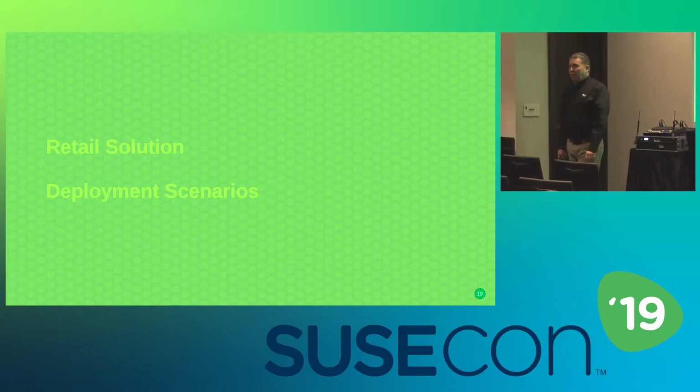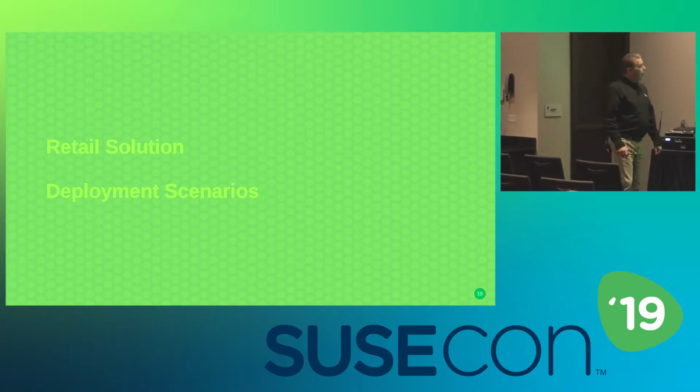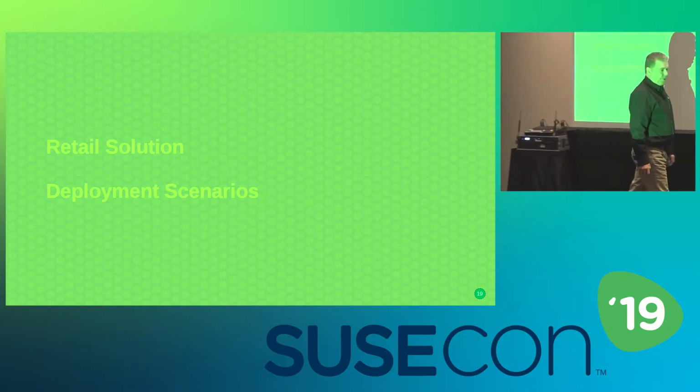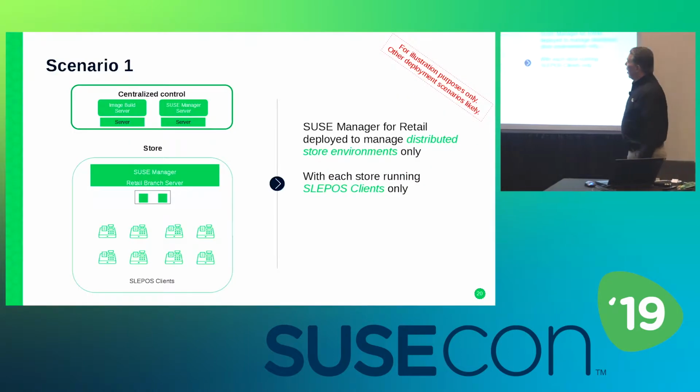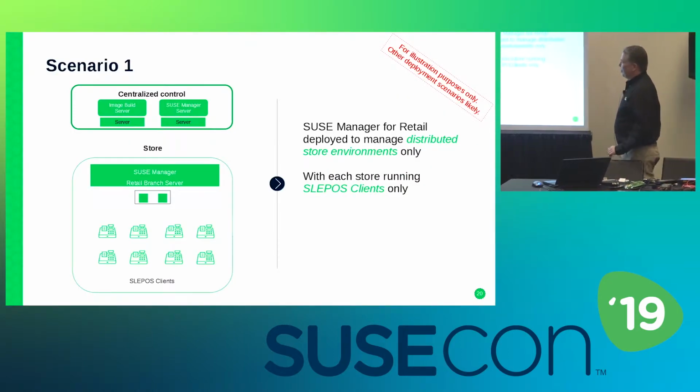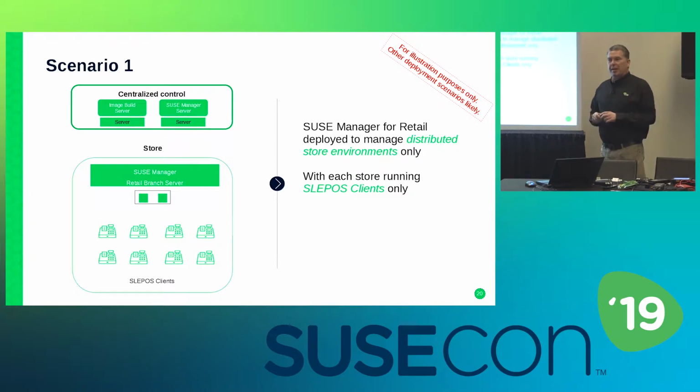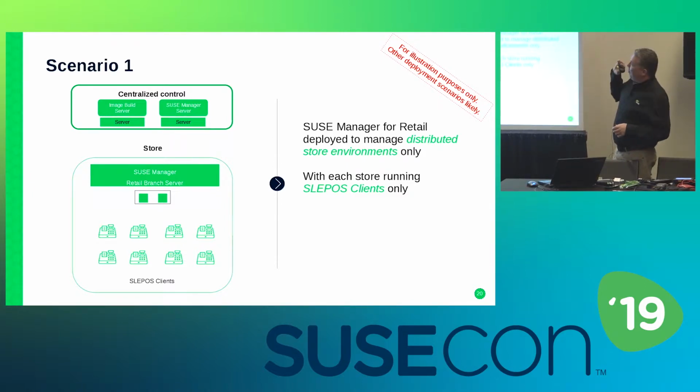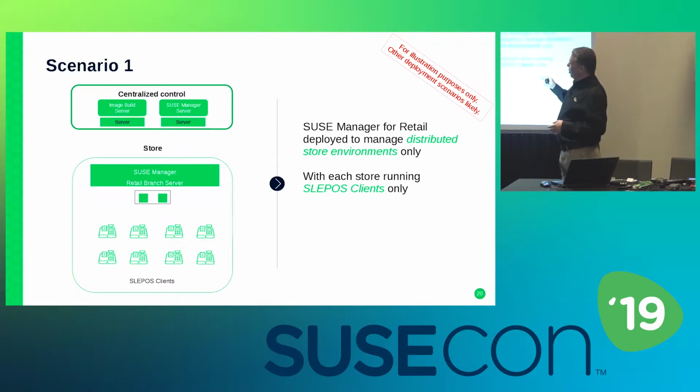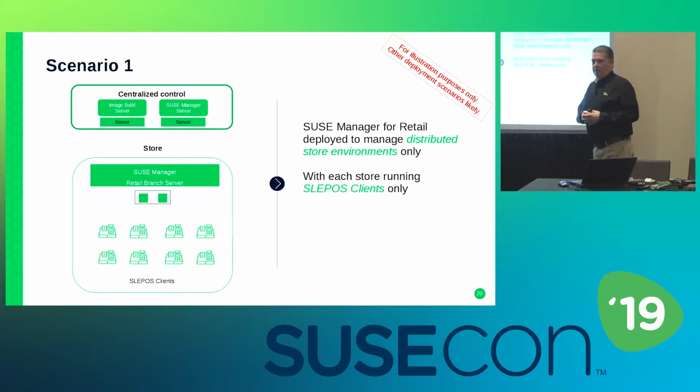All right, deployment scenarios. What we can see is our classical scenario. This is what we've had for many years. Obviously that's the easiest one to deploy, which is simply you have the centralized server where you have your image building, your SUSE Manager. In the store, you have a branch server, and all it does is look after your point of service devices.